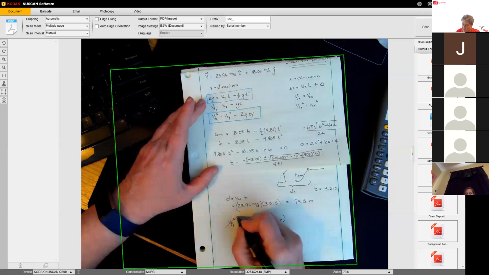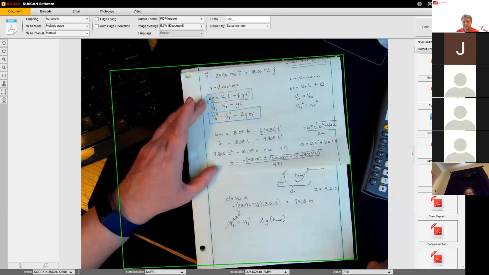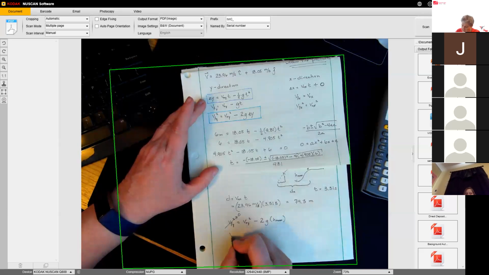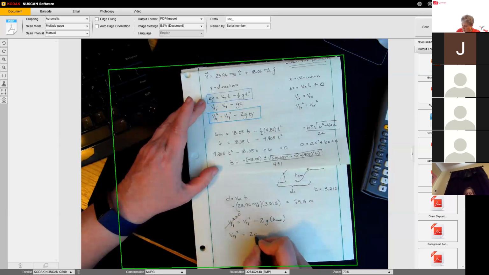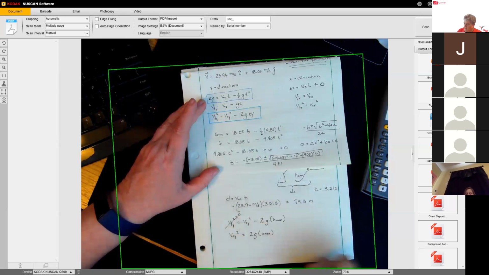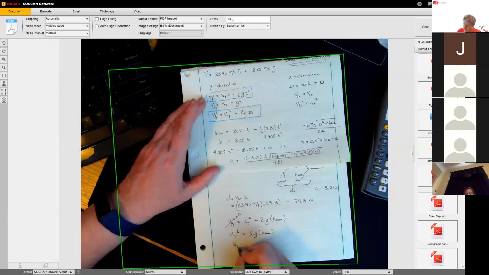Because we know that this is going to equal 0. So now I get the initial velocity in the y direction squared is equal to 2 times gravity times the height max. I'm going to take my initial velocity in the y direction squared divided by 2 gravity, and that's going to give me my height max.